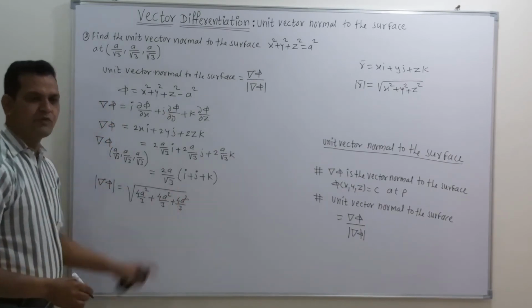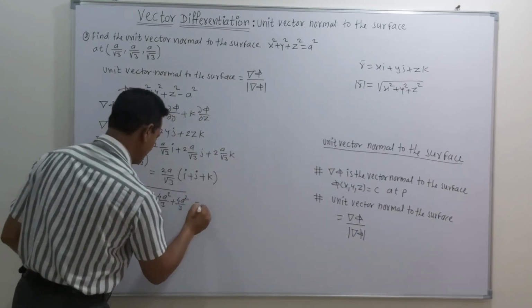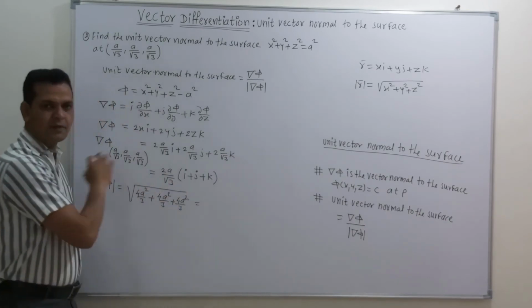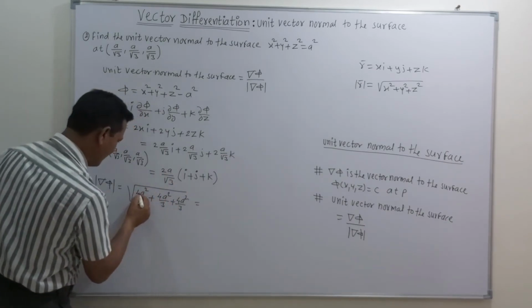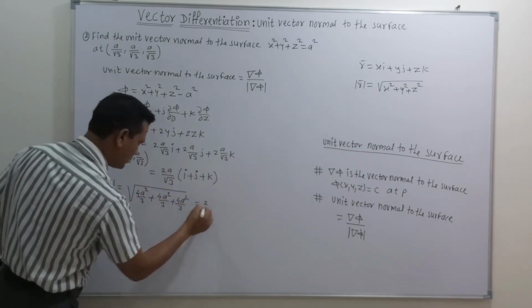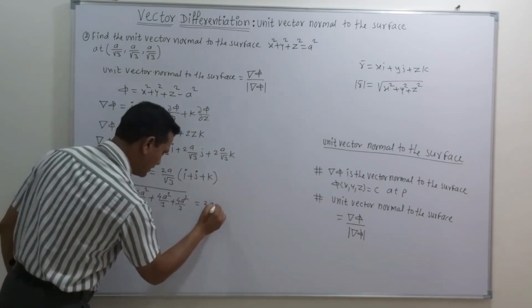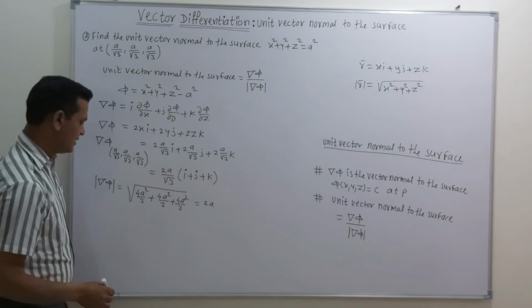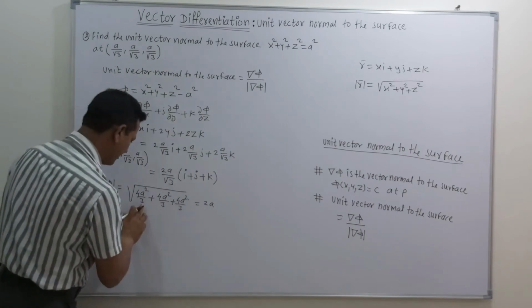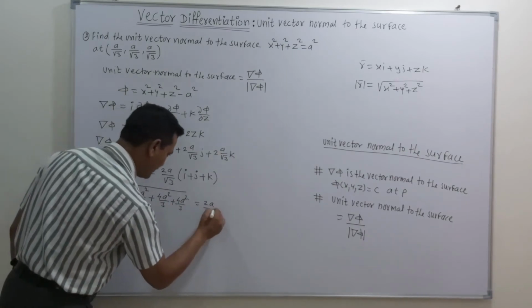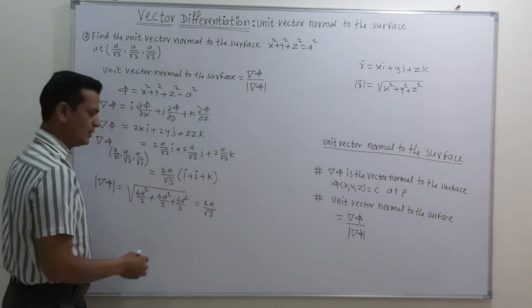Now our aim is to find this root value. If we take 4 outside the root, since 4 is available everywhere, this becomes 2. Again a square is present; if we take it outside the root, this becomes a. After taking the 3 outside the root, we get root of 3.